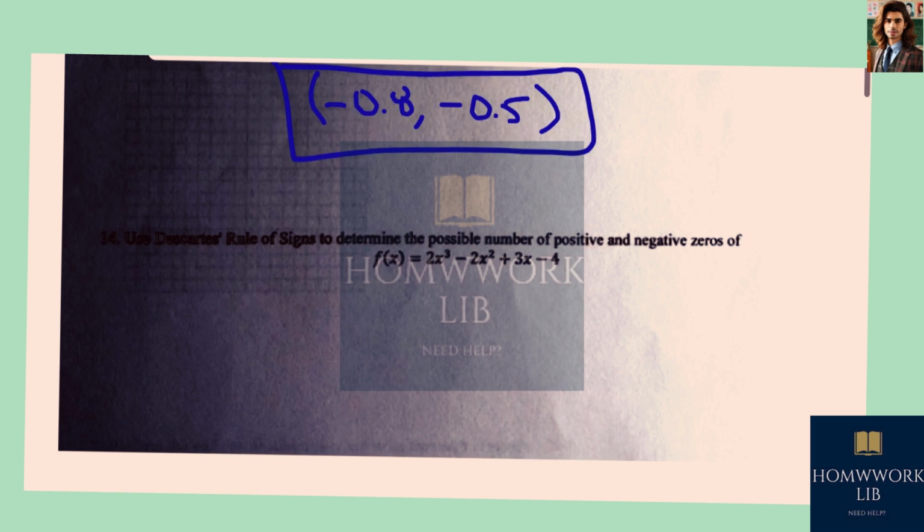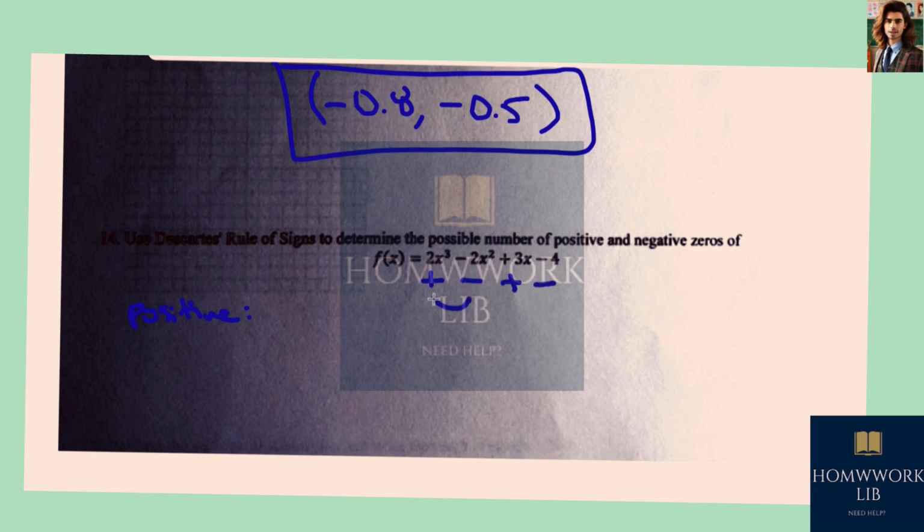Using Descartes' rule of signs, you know the number of possible positive zeros by how many times the sign changes from term to term. So this starts as a positive term, and then it changes to negative, changes to positive, changes to negative.